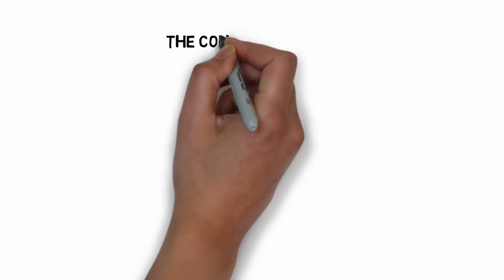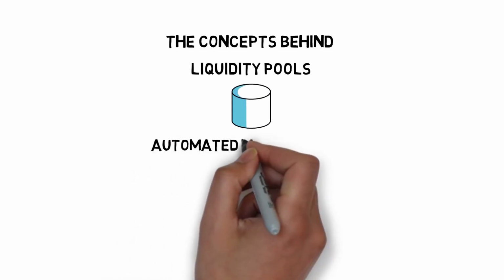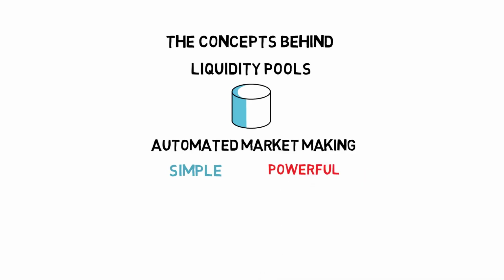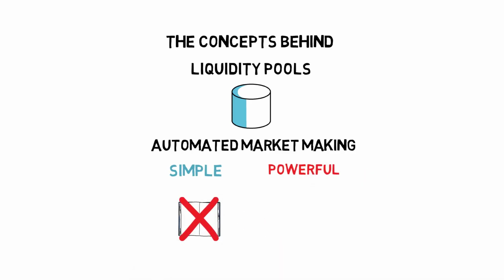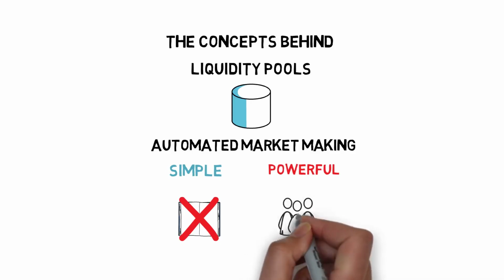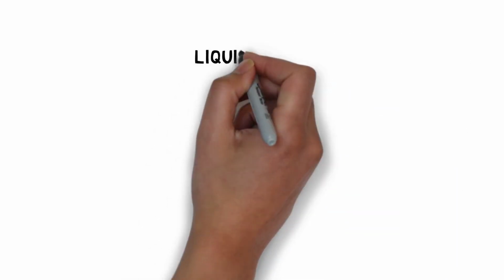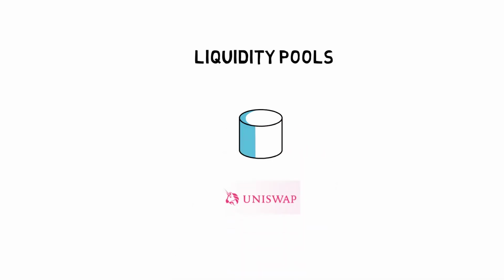The concepts behind liquidity pools and automated market making are quite simple, yet extremely powerful, as we don't have to have a centralized order book anymore, and we don't have to rely on external market makers to constantly keep providing liquidity to an exchange. The liquidity pools that we just described are used by Uniswap, and they are the most basic forms of liquidity pools.